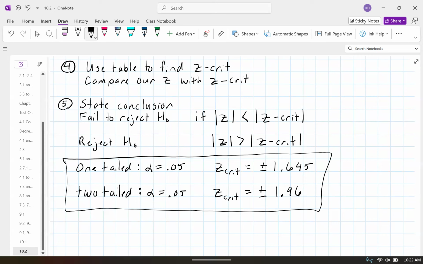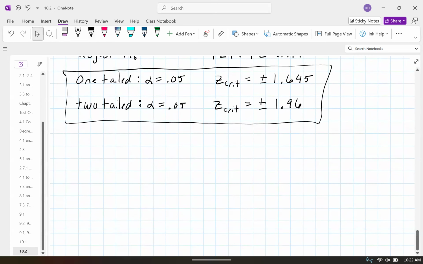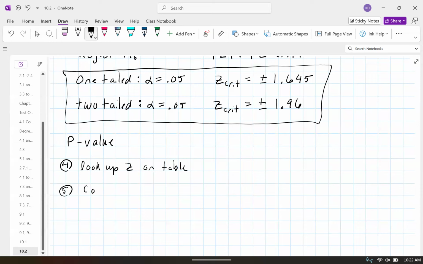Our step 4, we still find our Z. Now we're going to look up Z. And step 5 is still conclusions. This time we're comparing to our alpha values, really. Are we far enough away from the mean?